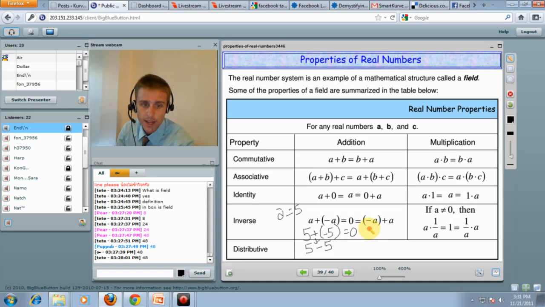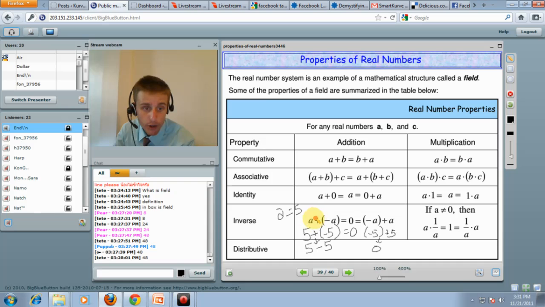And what this property states is that if you switch the order and have the inverse first, it will not change the answer. So if you have -5 plus 5, -5 plus 5 makes 0. The same way as 5 plus -5 does. Both of these equal 0.